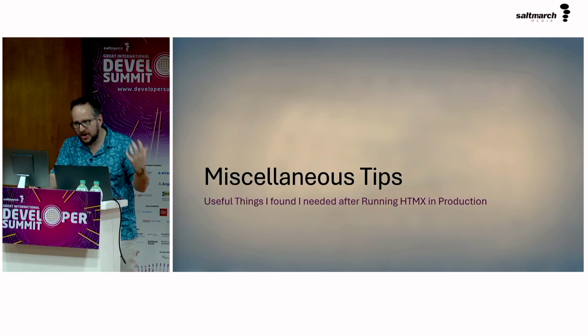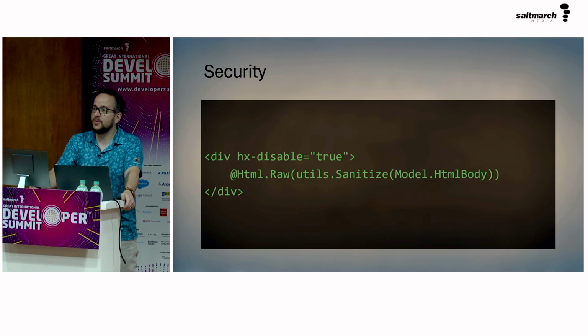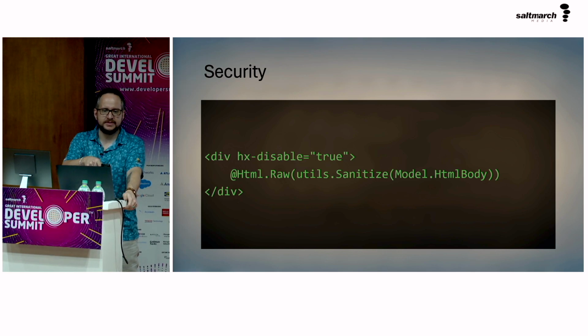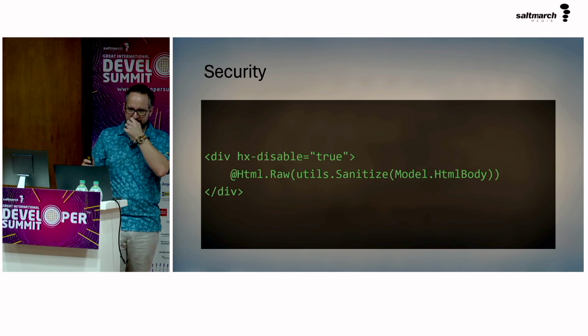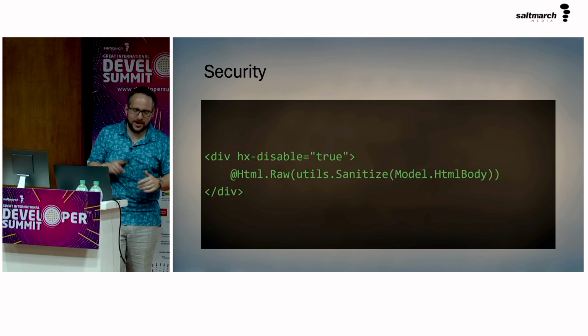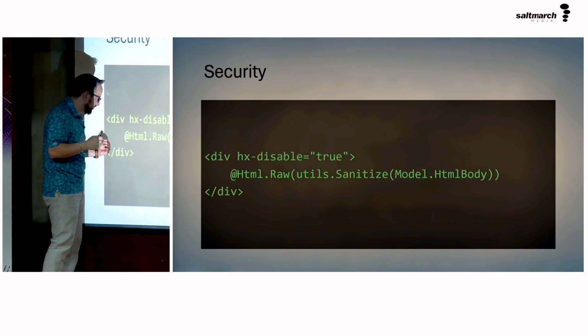So there are some things that I ran into running this in production. Number one, and I think we're at time, right? Yep. Thank you. So I will say this. HTMX is processing responses.